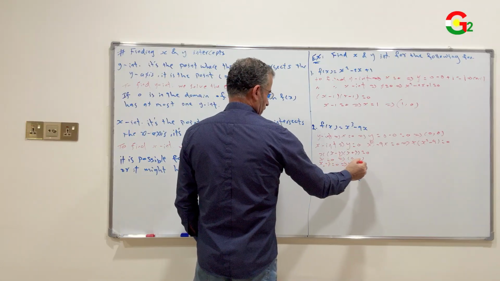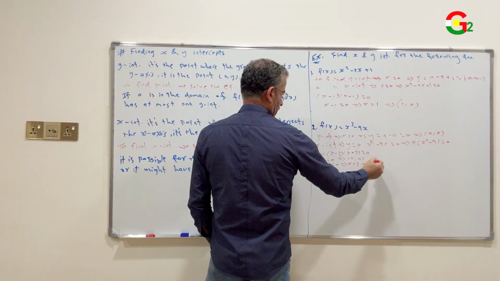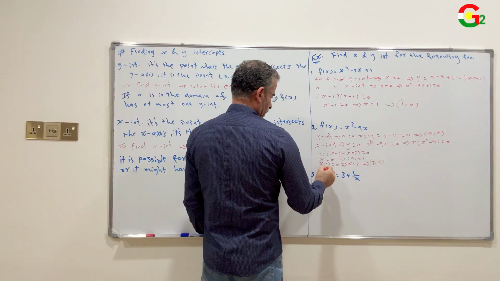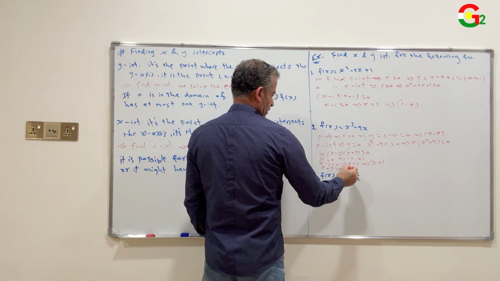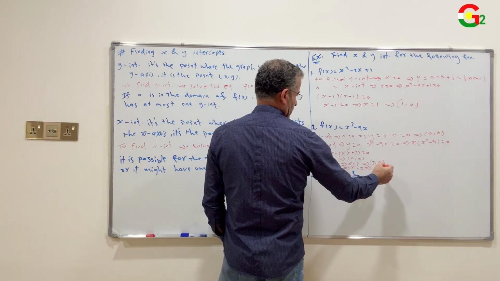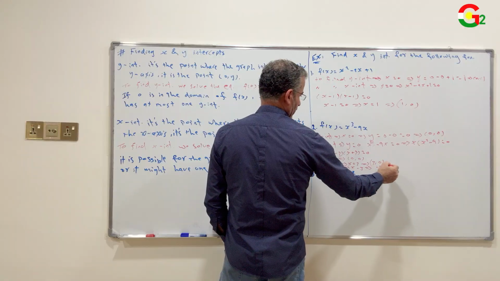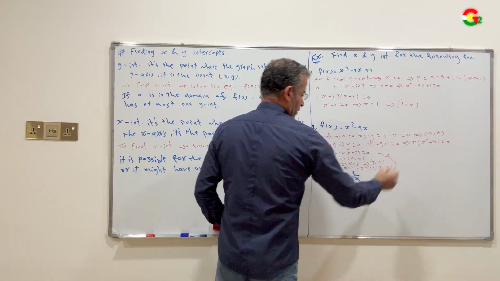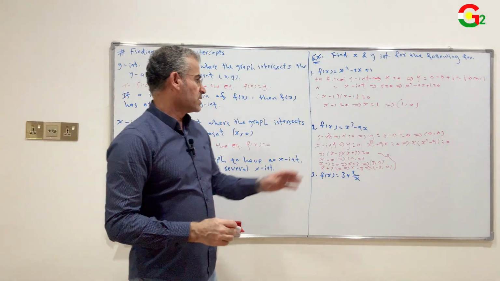This gives me x equals 3, so the x-intercept is (3, 0), or x plus 3 equals 0, then x equals negative 3, the x-intercept point is (negative 3, 0). There are 3 x-intercepts for this function.